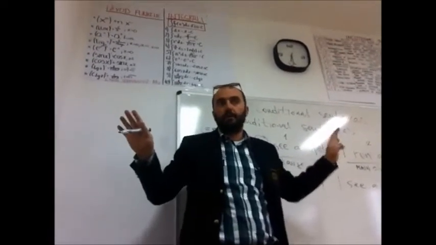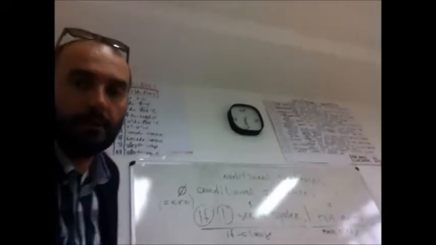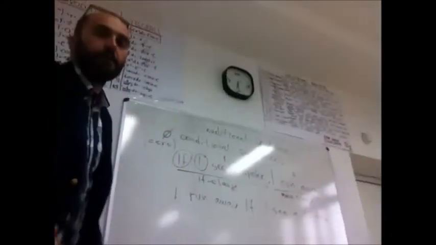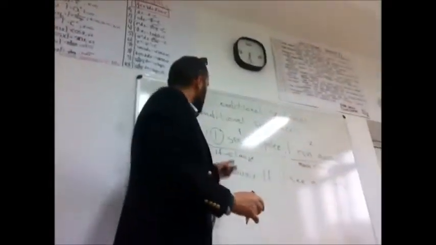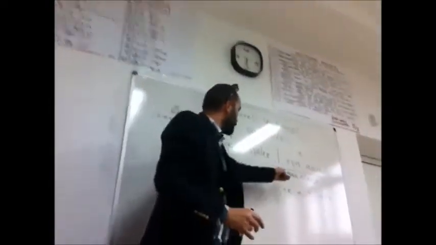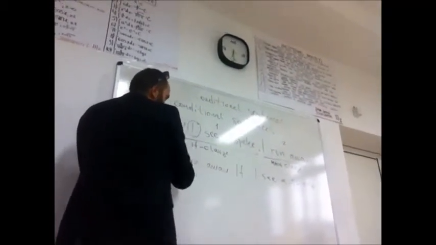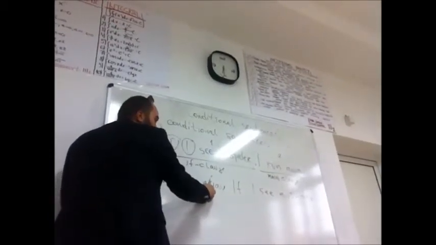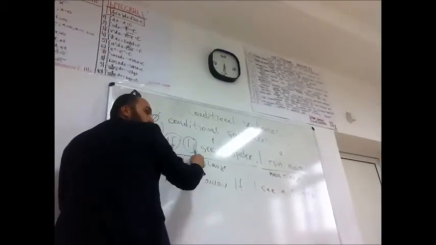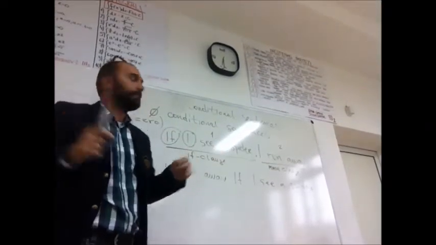So we have an if clause and a main clause within this sentence. Or you may say it this way: the main clause can be put in the first place, and the if clause in the second place. It doesn't matter. The meaning is the same.